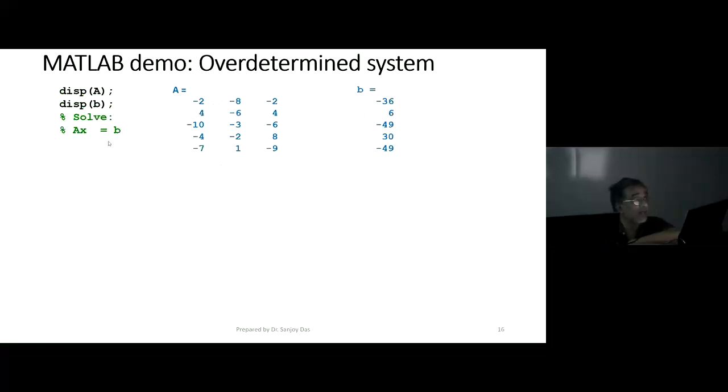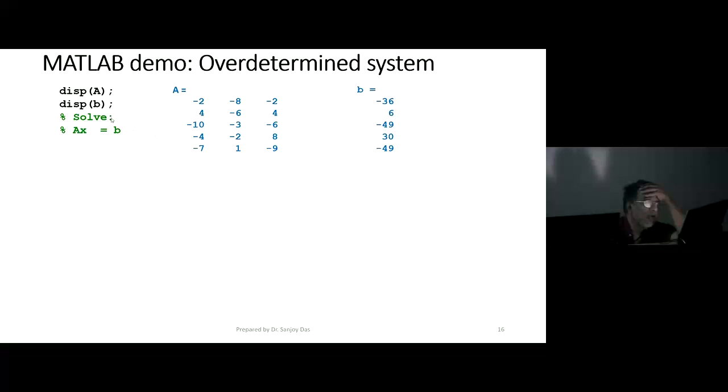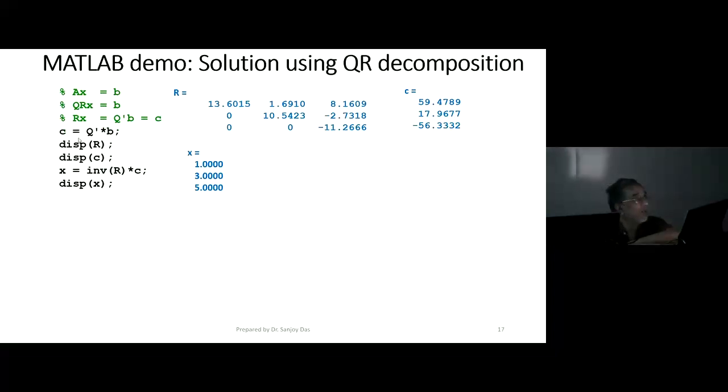Okay. And this is the reduced QR decomposition. Okay, I haven't cleared the workspace yet, so this QR is there. And I had created a B2, but now I'm showing you the B. And now I want to solve AX equals B, or the same as Q times RX equals B. This Q and R is in the workspace from the reduced QR decomposition.